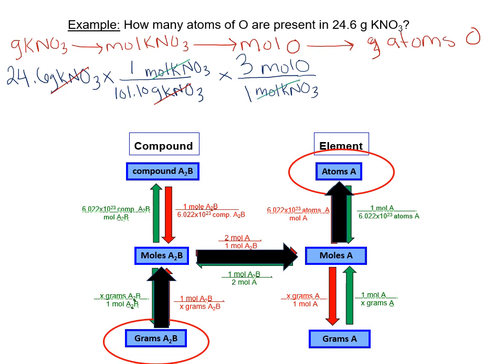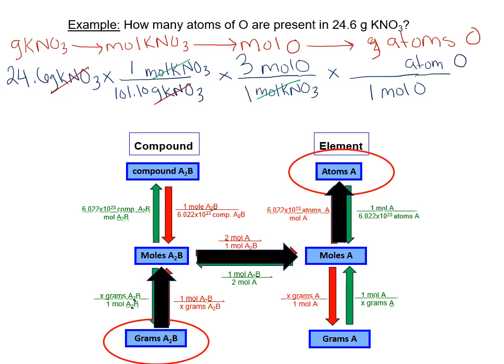And then in this last step, I need to convert from moles of oxygen to atoms of oxygen. The moles goes on bottom. The atoms goes on top. And like we said, the mole is going to always get the 1 for both the Avogadro's number, right, the 6.022 times 10 to the 23rd, and for the molar mass.